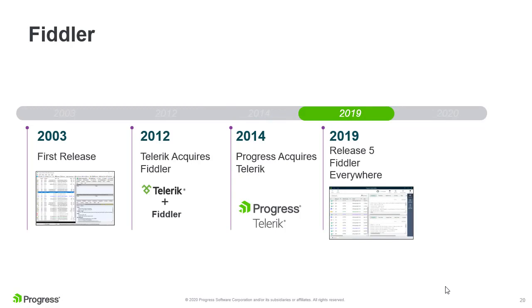And in 2019, we released the first version of Fiddler Everywhere, which supported Windows, Mac, and Linux. And then in late 2019, we started working on completely revamping Fiddler Everywhere over the past 6 months. And we've been reaching out to users for feedback to understand how our users are using the product and how we can improve Fiddler to suit your needs.